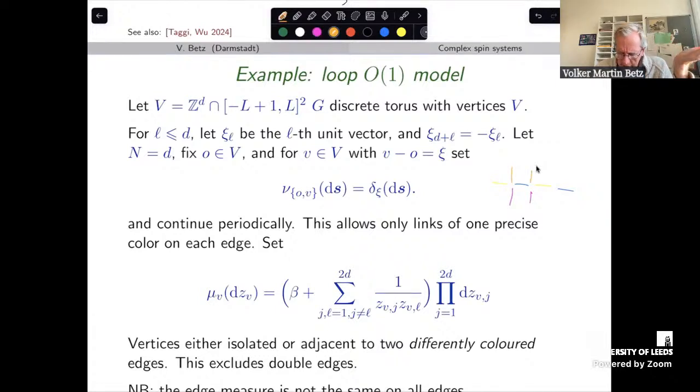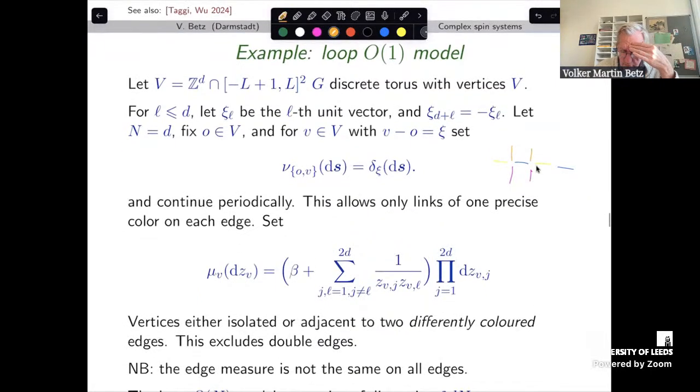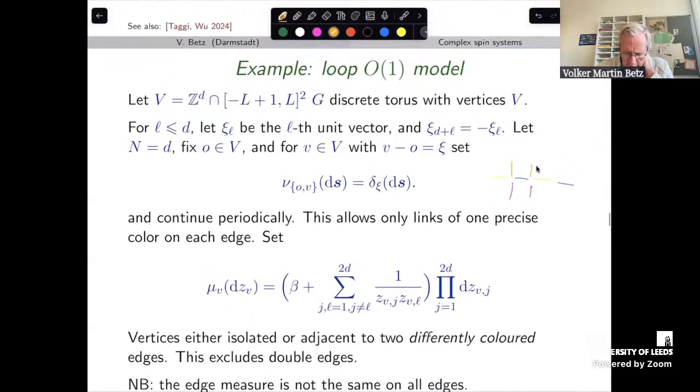And so I have this thing. And now the way I do it is that each edge can only support exactly one color. It can have as many links of a color as it wants, but only one.